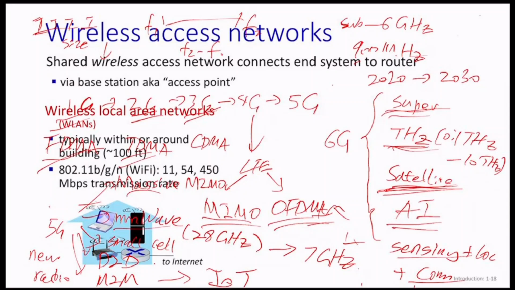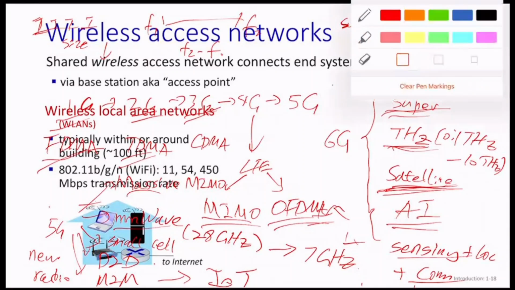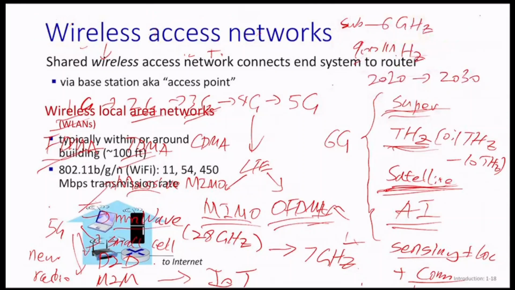And we also need to separate large cells, up to 10 kilometers, into smaller ones, maybe 500 or 100 to 200 meters, to create small cells. Previously there was a base station, a single base station, providing service up to 10 kilometers.